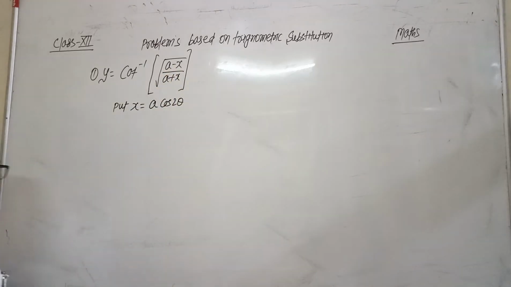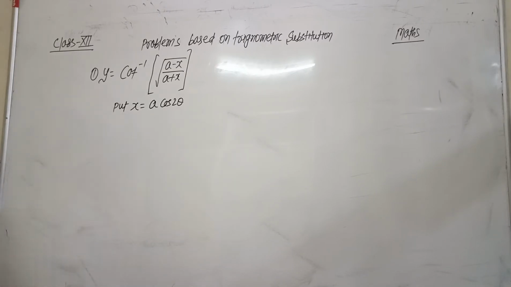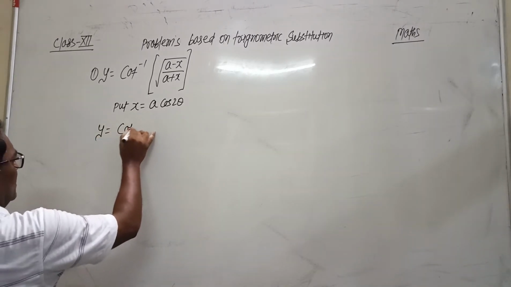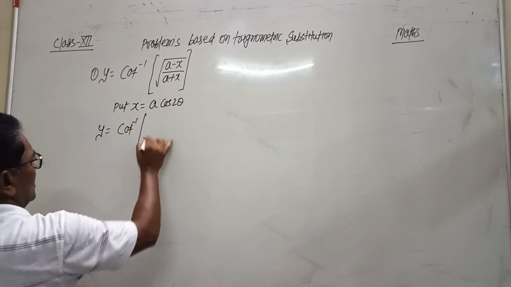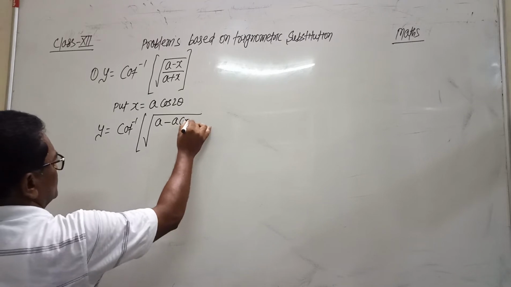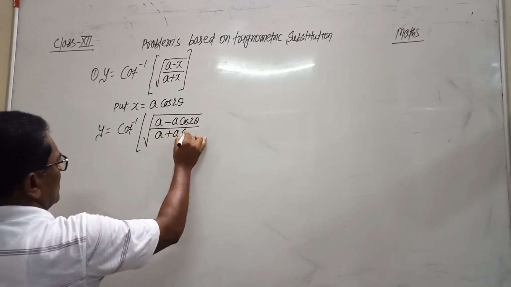Here a is the constant term. Therefore, the substitution of x will be a cos 2 theta. So put the value of x: y equals cot inverse under root of (a minus a cos 2 theta) upon (a plus a cos 2 theta).